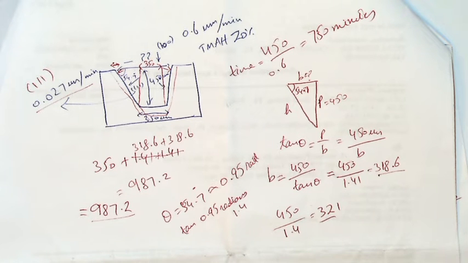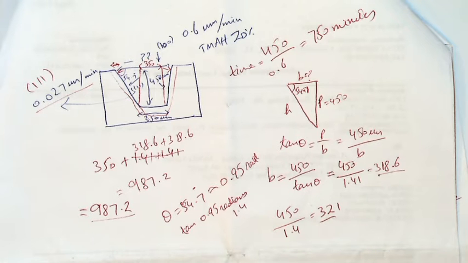Basically what we have to do is include that 0.027 micrometer per minute, for how long we are etching, 750 minutes. So in 750 minutes, calculate how much it will etch on the side. 750 times 0.027, can anyone do that? About 20.25.